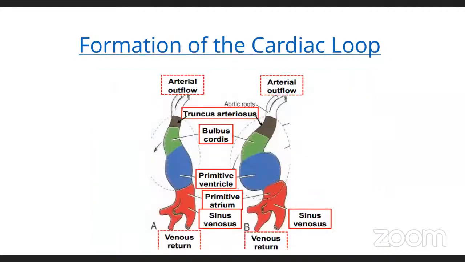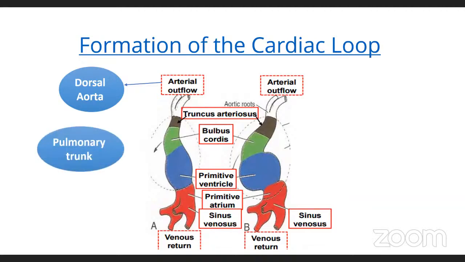Let's dig in more and see what these structures become. The top part goes into the dorsal aorta, and this truncus arteriosus is what becomes the pulmonary trunk and aortic arch.